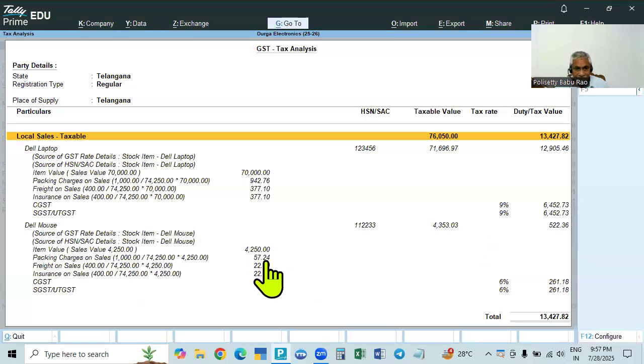And this is 4,250, where these three expenses are divided separately, 4,353 something. In this one, if you take 6%, total tax will be 13,000. Showing only one amount total means our calculation is correct, and our invoice voucher also shows the same amount.